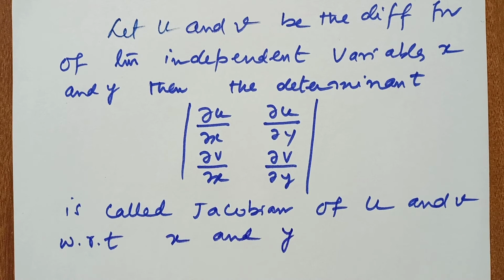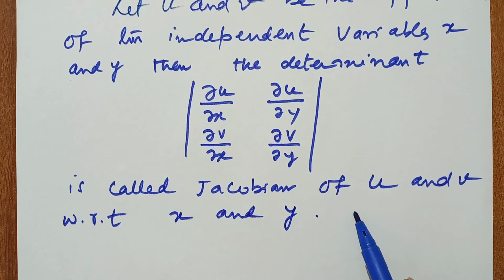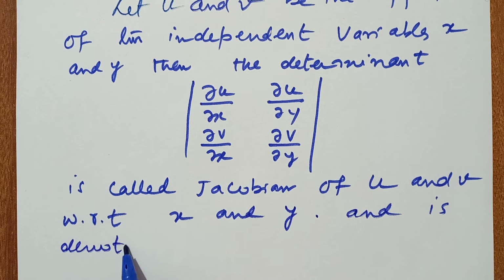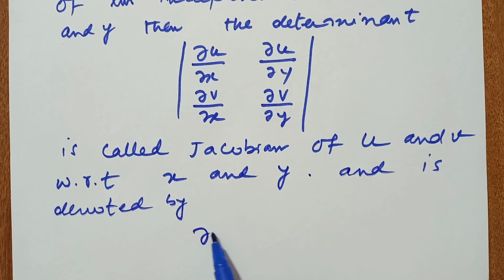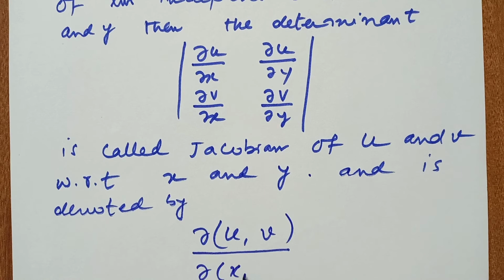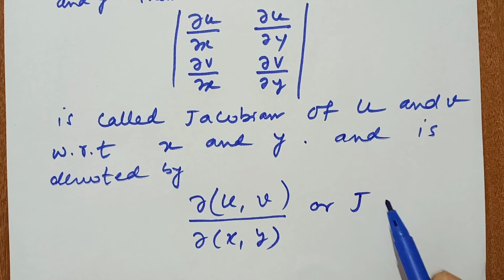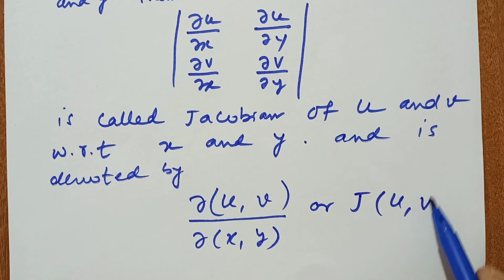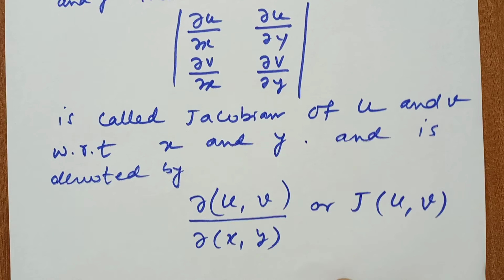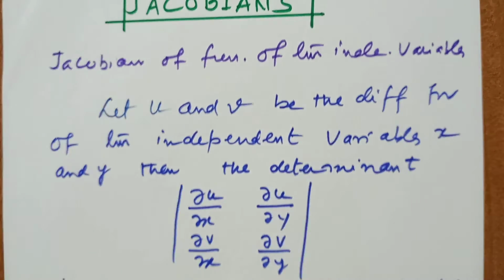It is denoted by del (u, v) upon del (x, y). Also, this is denoted by J(u, v), or simply J. So this is the definition of the Jacobian of functions of two independent variables.